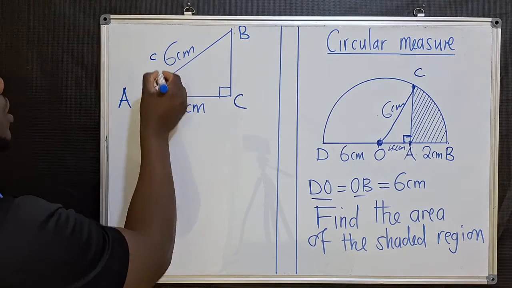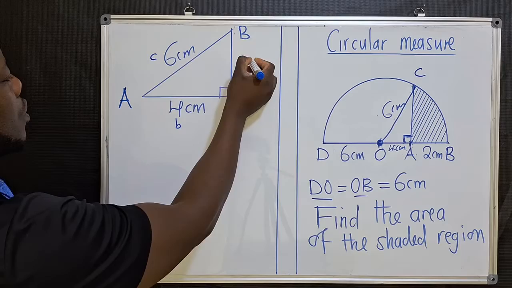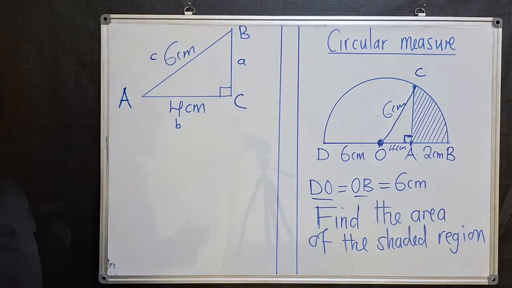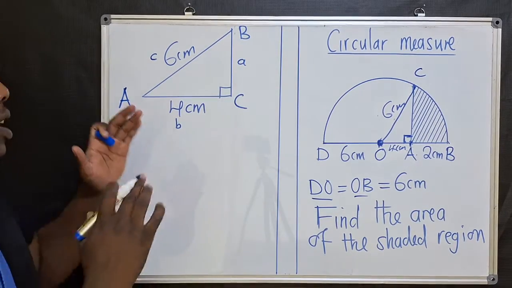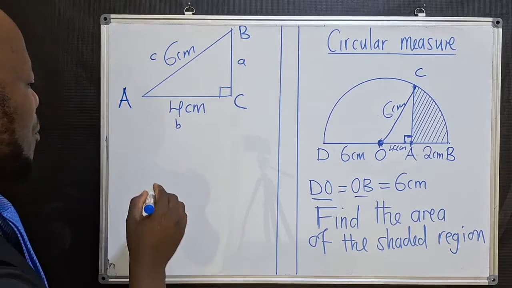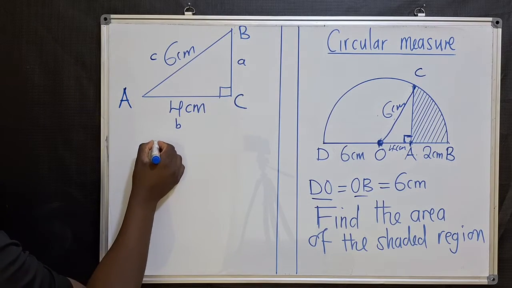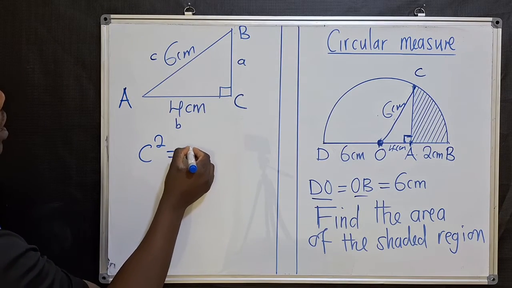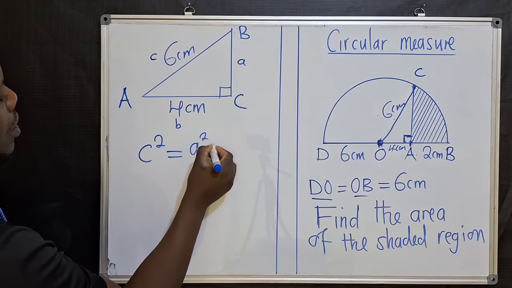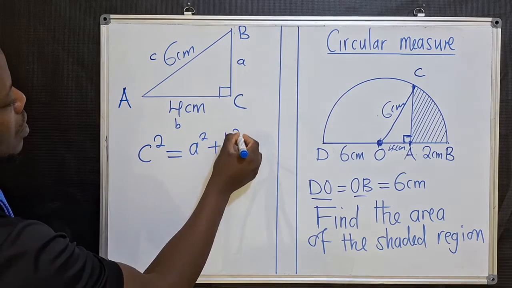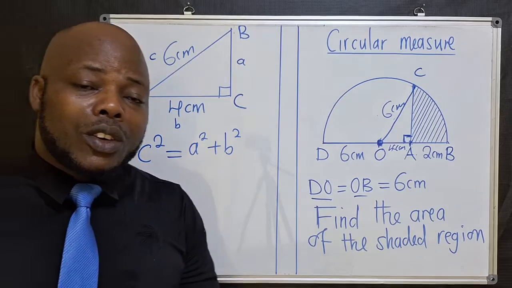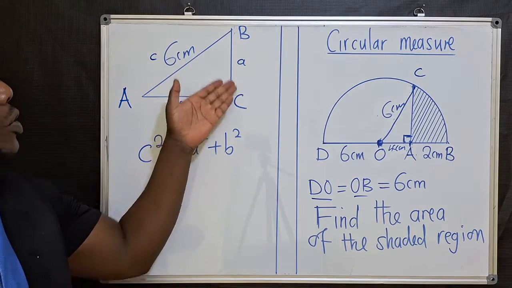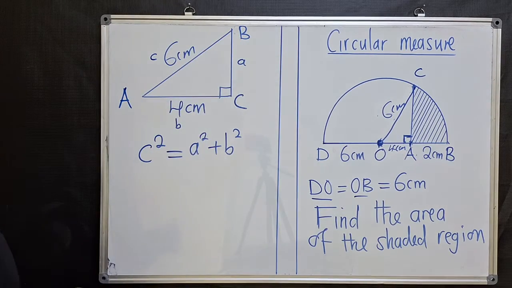This will be my small letter c, small letter b, small letter a. After labeling, I'm going to use this formula. I guess you know the formula. This is Pythagoras theorem, and I'm going to use it to find this side.